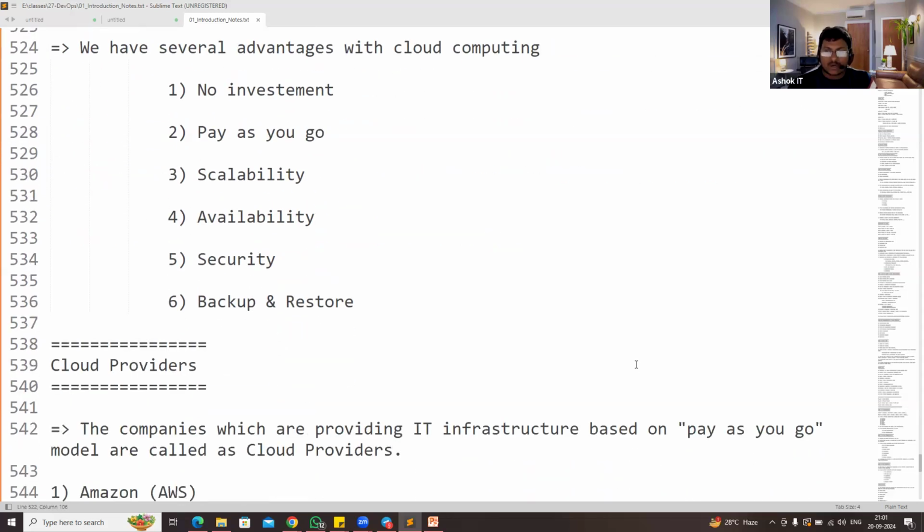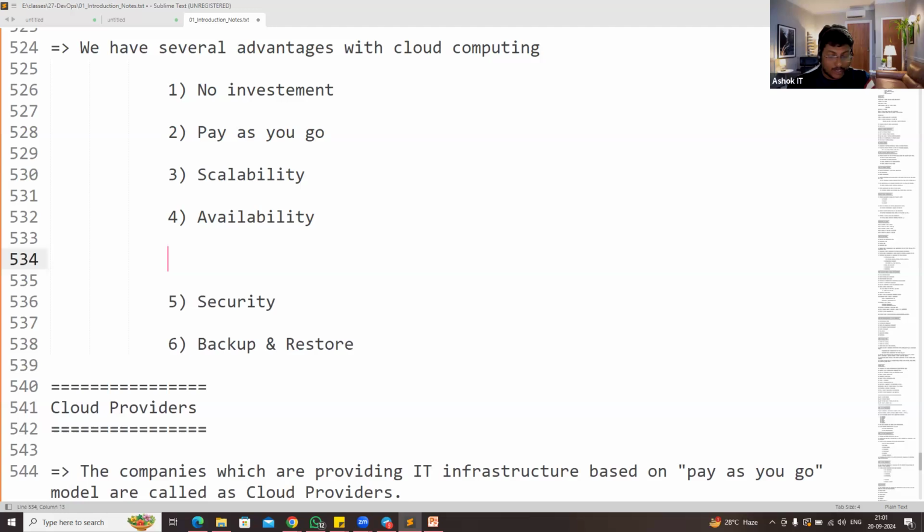Why are companies going for cloud computing? There are several advantages: no investment, pay as you go, scalability, availability, security, backup, restore, and storage to store the data. That storage is also unlimited. There is no limit. Unlimited storage will be available from the cloud provider.